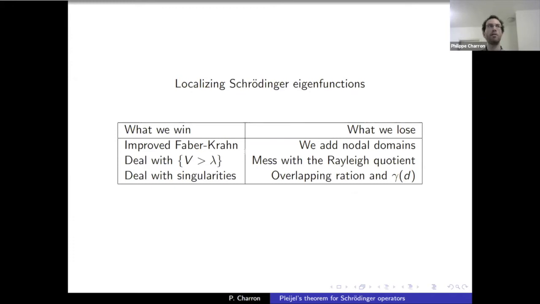If you look at Agmon estimates, they tell you that as you get away from the classically allowed region, you decrease exponentially fast. So when you're trying to localize outside of the classically allowed region, you're never going to catch up. You're always losing too much, because the eigenfunction is localized on the side of the partition of unity that's closest to the region where V is less than lambda.